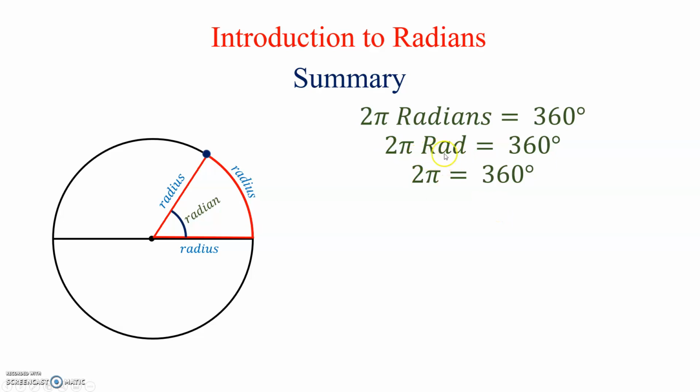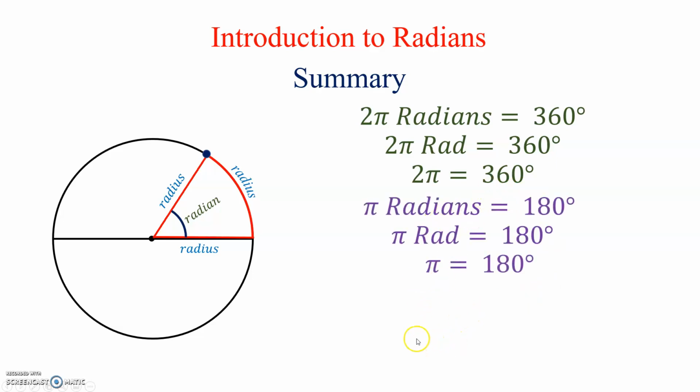And I wrote it 3 different ways. First with the symbol RAD, and the most common without any symbol. So generally speaking, 2 pi, 360 degrees. 2 pi radians, 360 degrees. Next, when we took half of it, that meant that pi radians gave us 180 degrees. So just like here, 2 pi, 360, pi is synonymous with 180 degrees.